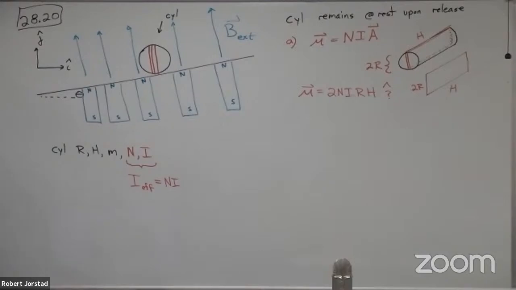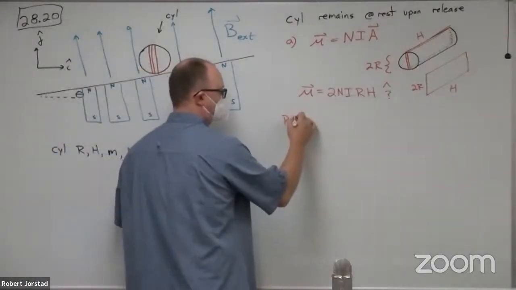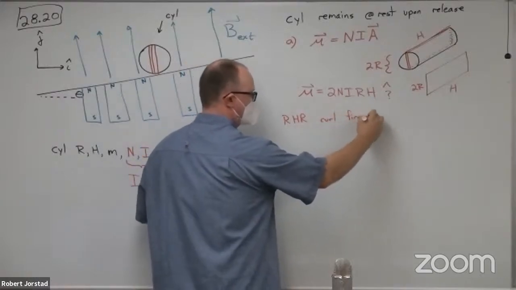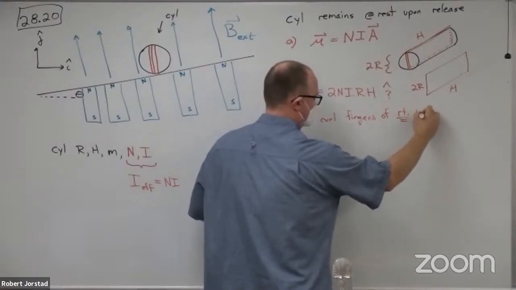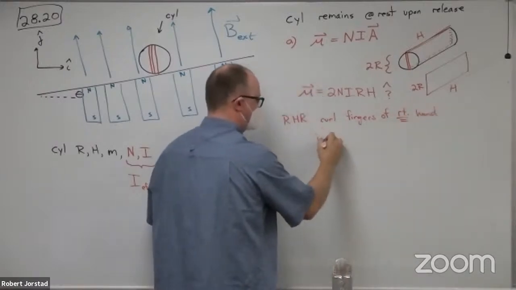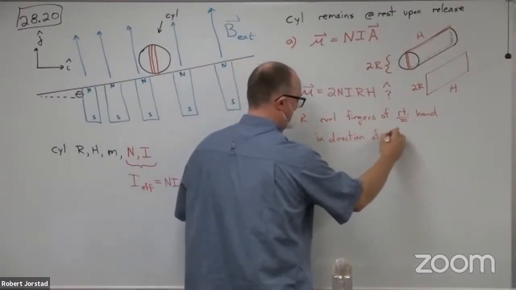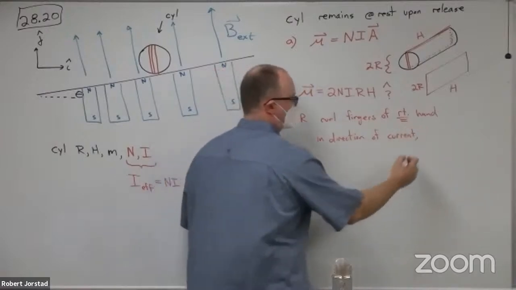Yeah, so there's a right-hand rule involved, agreed? What's the right-hand rule for direction of mu? Curl fingers of right hand in direction of current. Then what?